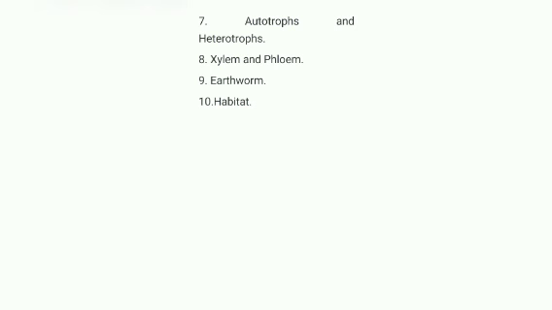There are some more terms that we should discuss, that is saprophytes, I mean saprotrophs. Saprophytic nutrition is the mode of nutrition in which organisms take in nutrients from dead and decaying matter in soil.